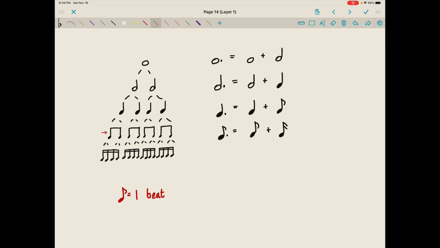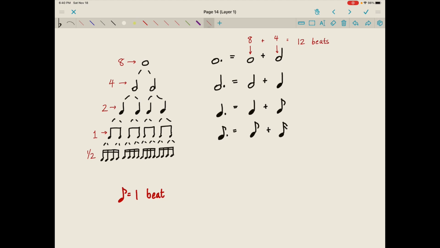So we're going to have 1 beat for each 8th note, 2 beats for each quarter note, 4 beats for each half note, and 8 beats for each whole note, just half a beat for each 16th note. So the dotted whole note is worth a whole note, which is 8 8th note beats, plus a half note, which is worth 4 8th note beats, for a total of 12 beats.